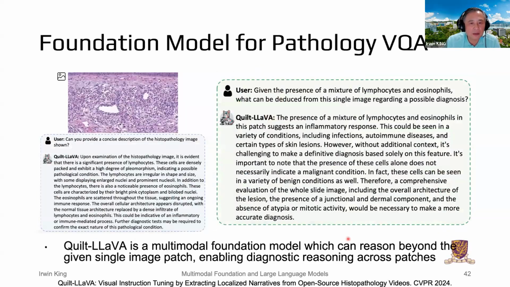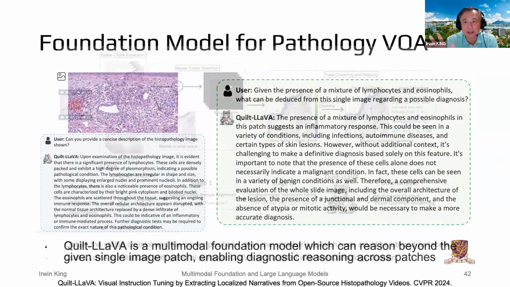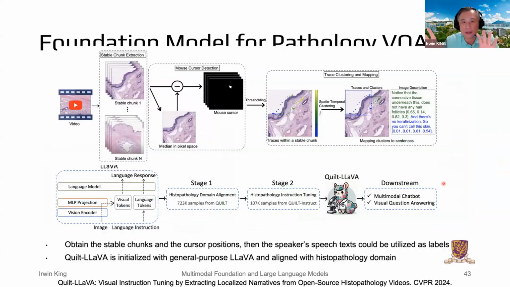So again, given the presence of a mixture of this, what can be deduced from the single image regarding the possible diagnosis? So this can be generated when you have this inside your foundation model, and Quilt-LLaVA could generate this particular piece. Okay. So this is again image and text, but this specific modality right in here.